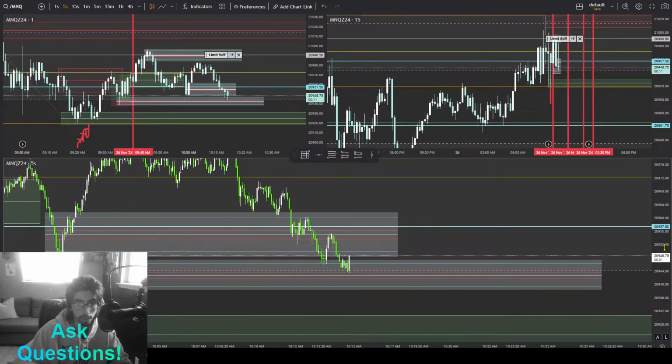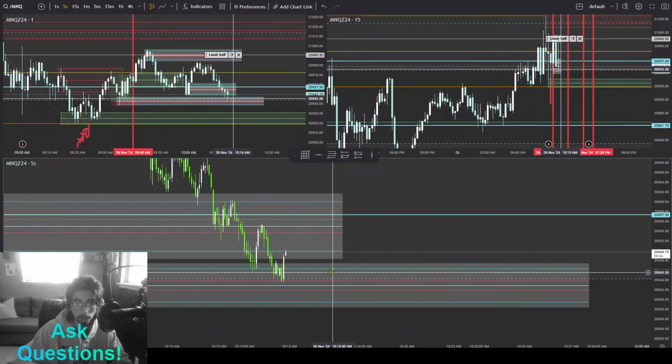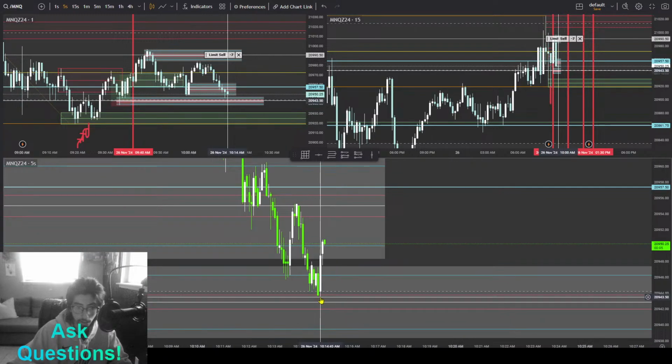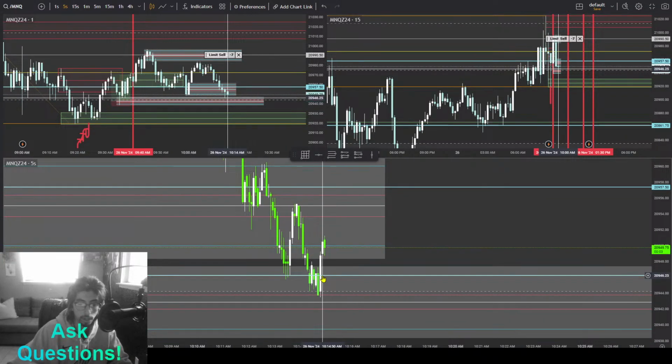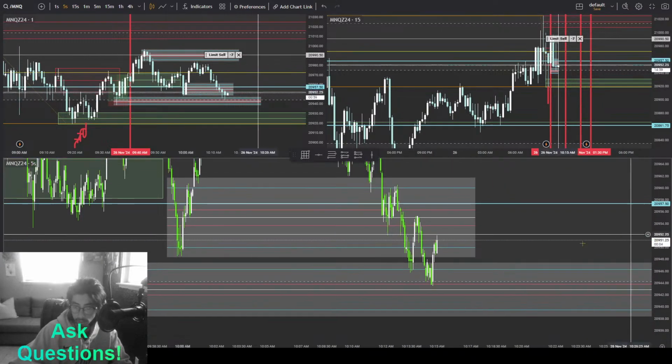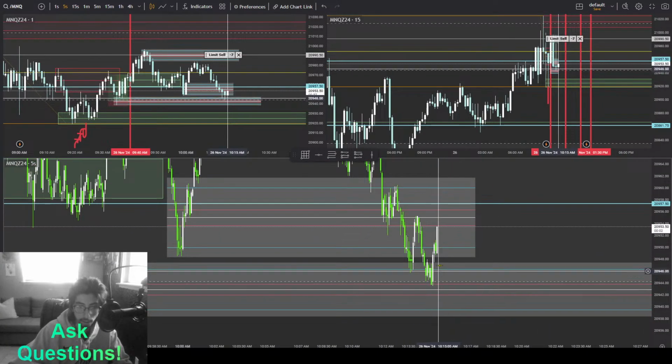Yeah, I don't see nothing. Oh, look, let me show you this right here. See how we cross this red line and then we hit this blue line? That means that the zone is mitigated, so it's no longer tradable. Because if I had my order sitting here, that means that the zone already got filled.